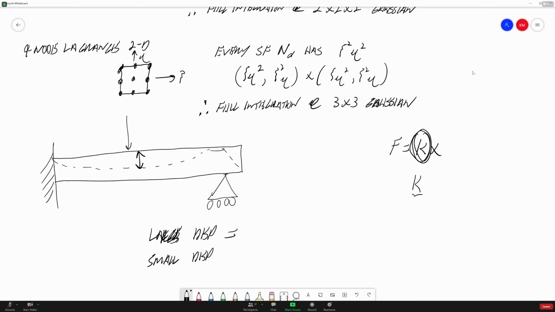This is the K alpha beta M. It's much more complicated, but that's really what we're solving for here, that stiffness value. What is x? This is displacement, right? It's right here.